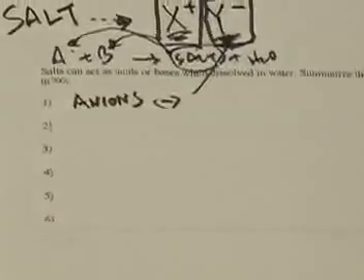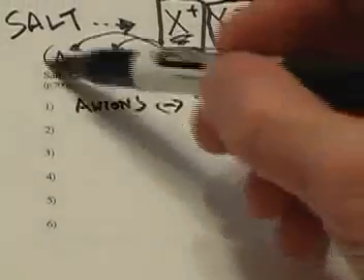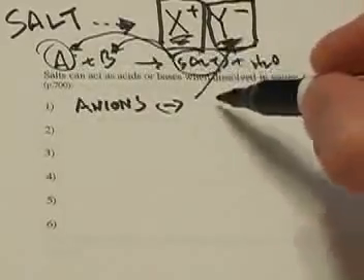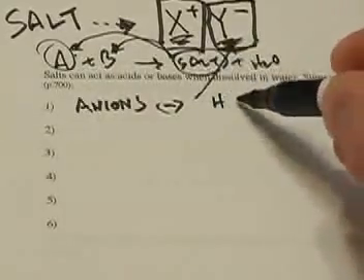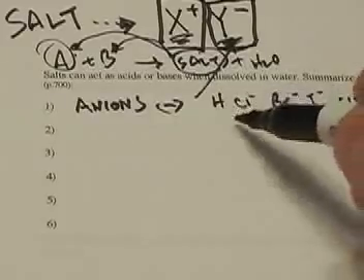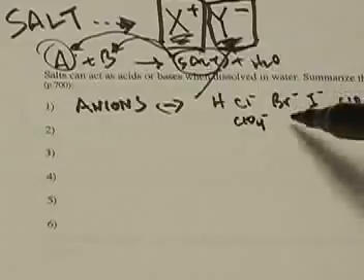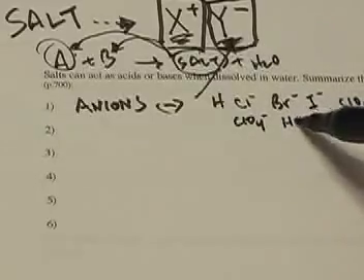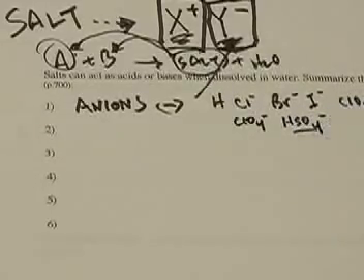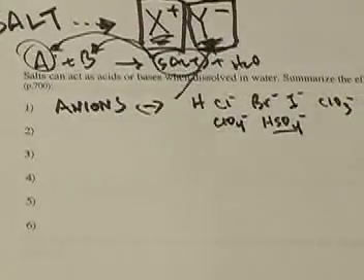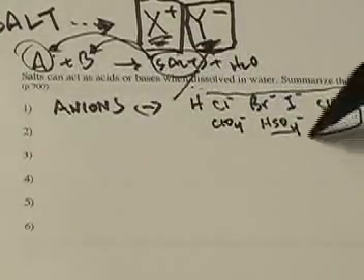If the anion came from a parent strong acid, in other words, it came from HCl, HBr, HI, HClO3, HClO4, or HSO4 minus, remember that's the anion of H2SO4, then these anions will do nothing in solution.